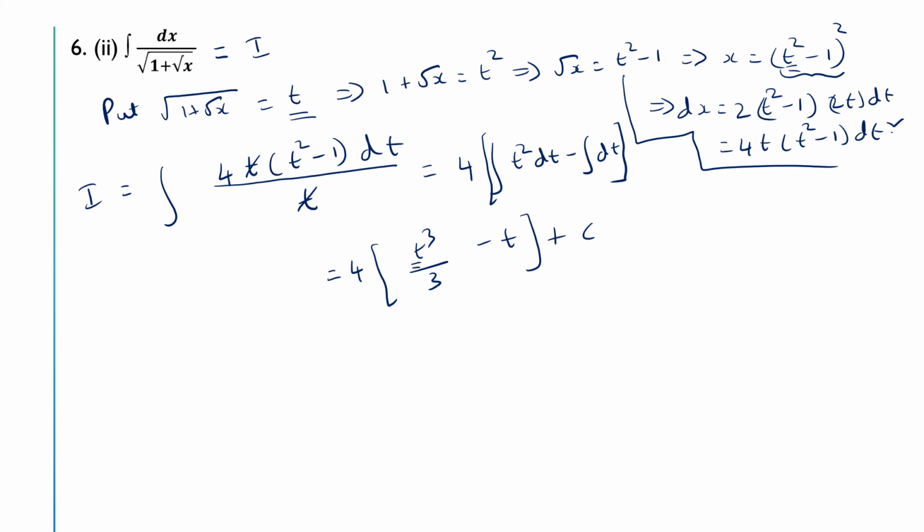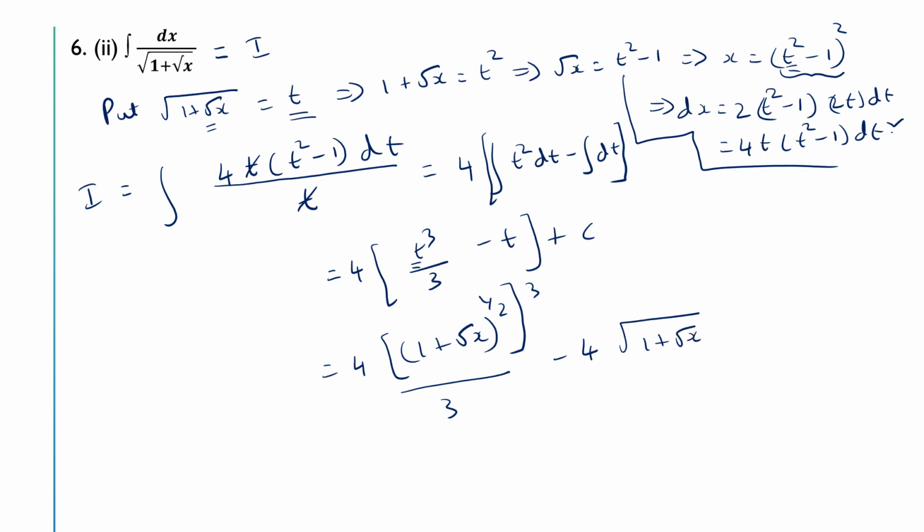T we have taken as root of 1 plus root x, so it is equal to 1 plus root x the whole raised to half the whole cube divided by 3 minus 4 into root of 1 plus root x plus c.